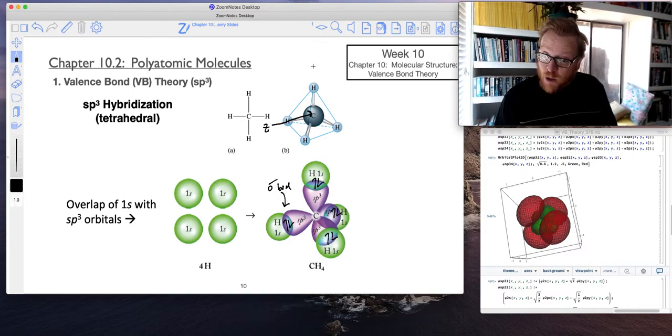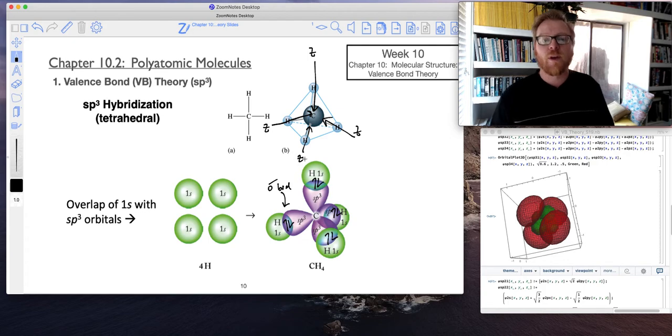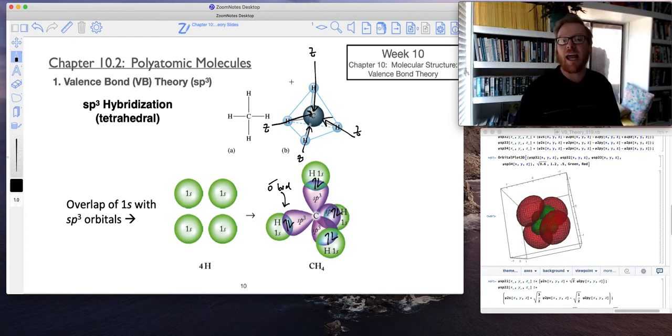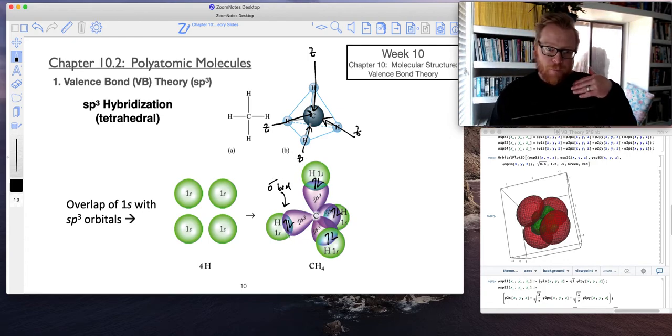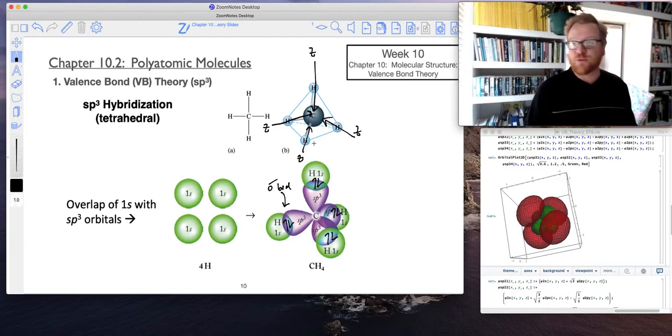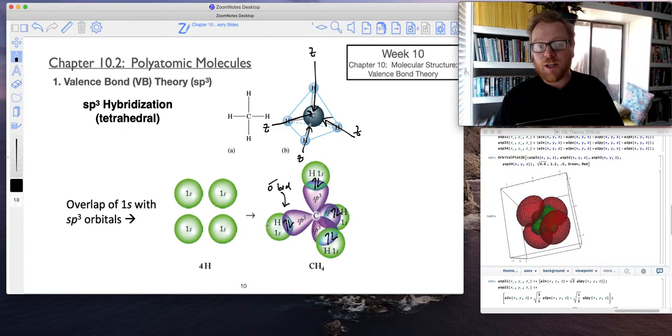But if I look down this chemical bond, that makes another z-axis and another z-axis and so on and so forth. So that's where this gets really complicated, because when we put together wave functions for these molecules, we recognize that we have multiple coordinate systems based on our sigma bond, okay? Hopefully that makes good sense.